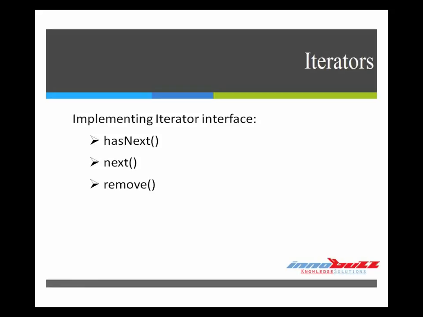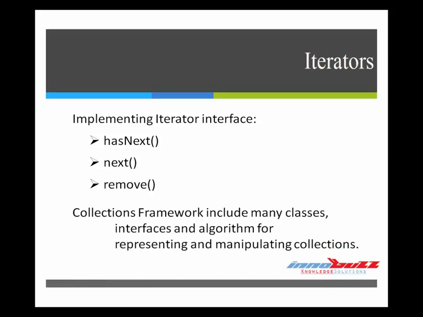It can be called once per call to next. In the Java language, for iterating objects, there is the Collections Framework that we were already talking about in the previous chapters, that includes many classes, interfaces, and algorithms for representing and manipulating collections.